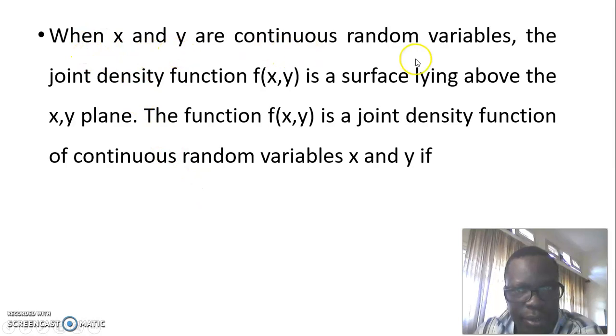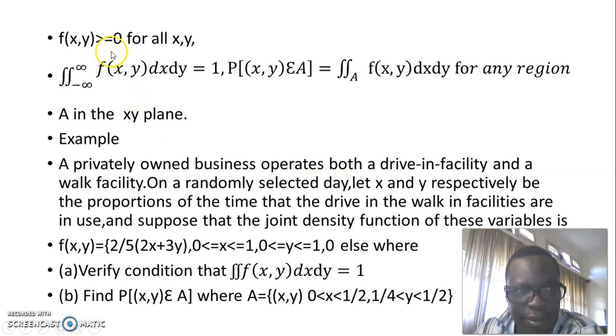When X and Y are continuous random variables, the joint density function is the surface lying above the xy plane. It is very important to note that the function f of xy is a joint density function of continuous random variables x and y if the joint probability is above 0 and the sum of the total probabilities with respect to x and y is equal to 1.